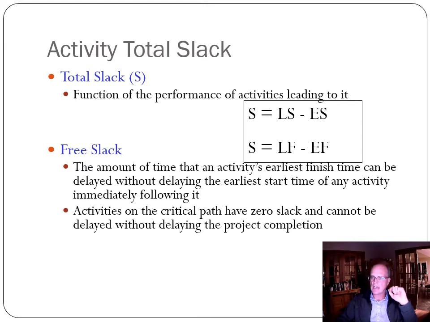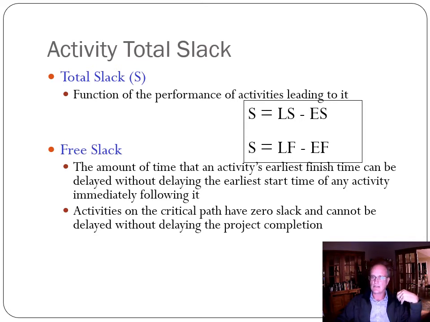And one check you can do for quality control in your project network is, if these two numbers aren't the same, you've made a mistake somewhere. The slack has got to be the same, and it should be the same.